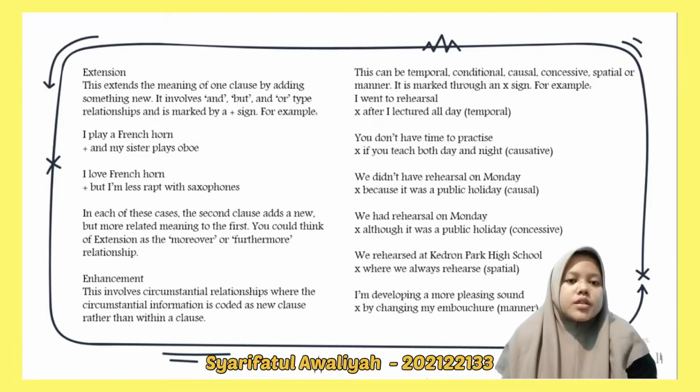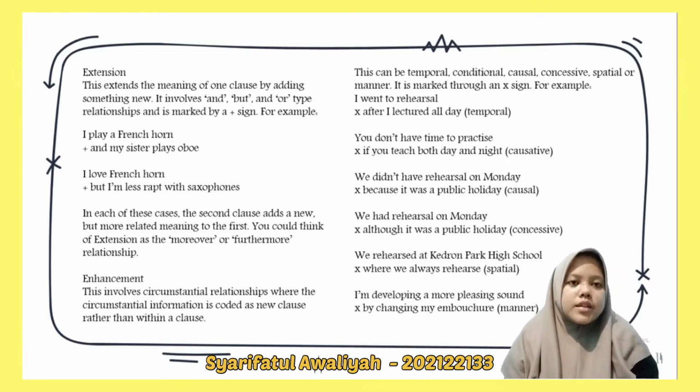I love French horn, but I'm less enthusiastic with saxophone. In each of these cases, the second clause adds a new but related meaning to the first. You could think of extension as the "moreover" or "furthermore" relationship.